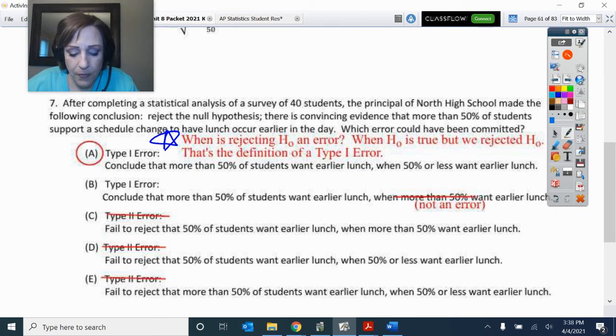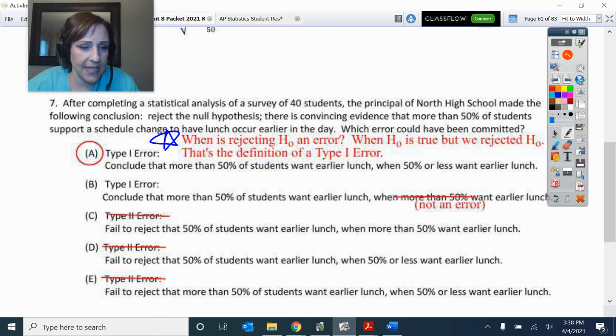If the null is really true, but you get a sample that causes you to reject the null, that's a type 1 error. Rejecting the null being an error means H0 is true, but we rejected it. That's the definition of a type 1 error.